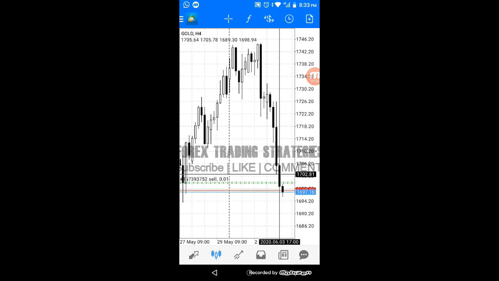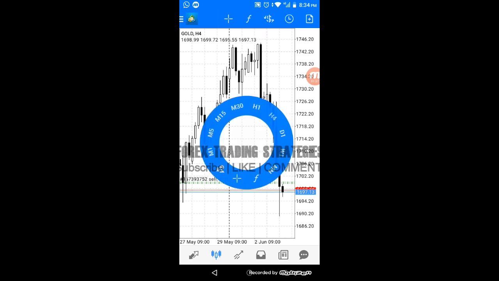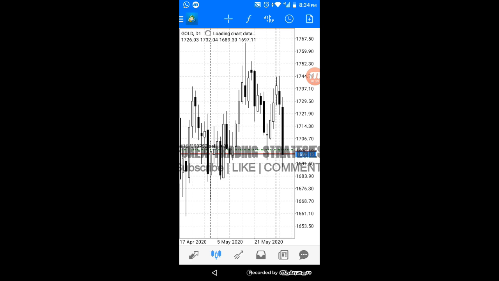So now I decided, let me plug in the robot because I'm thinking gold is still bearish. There's a free signal there. I'm thinking gold is still bearish, that it's going to come somewhere here.